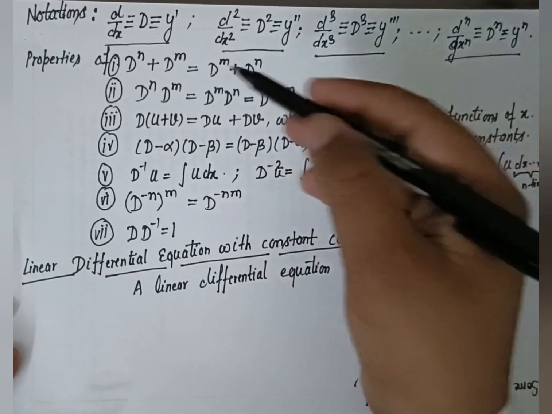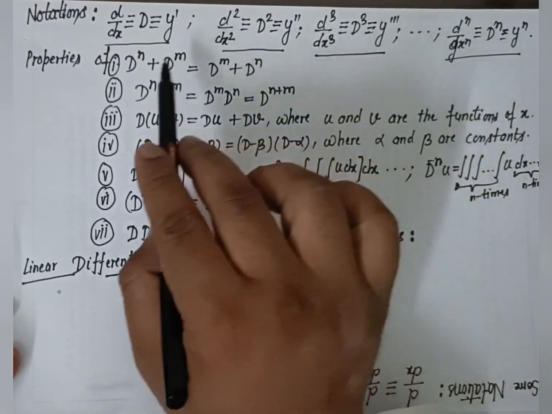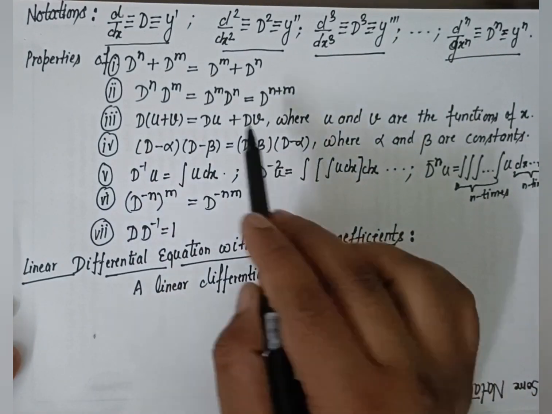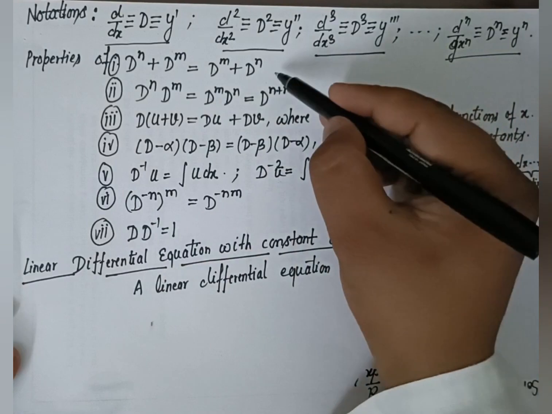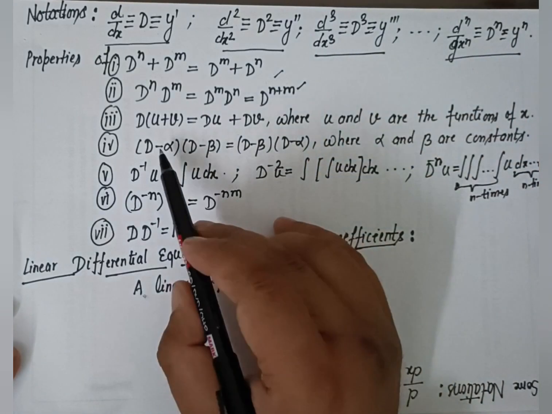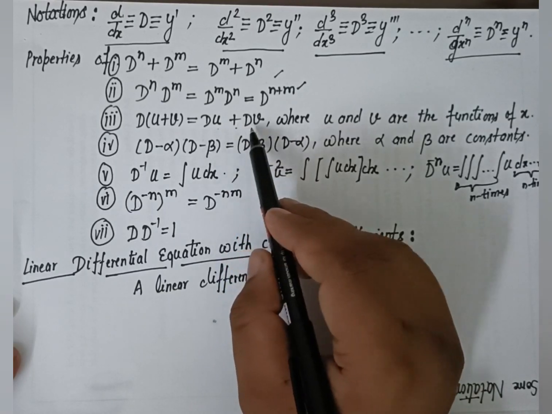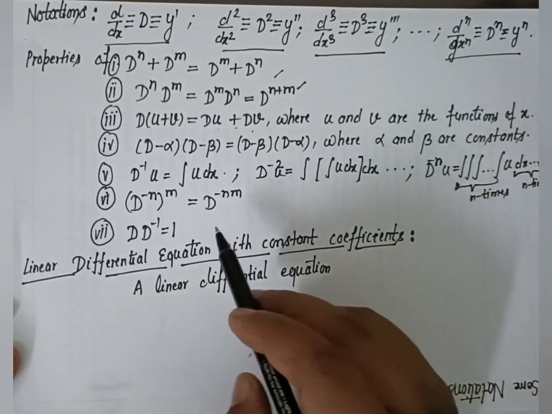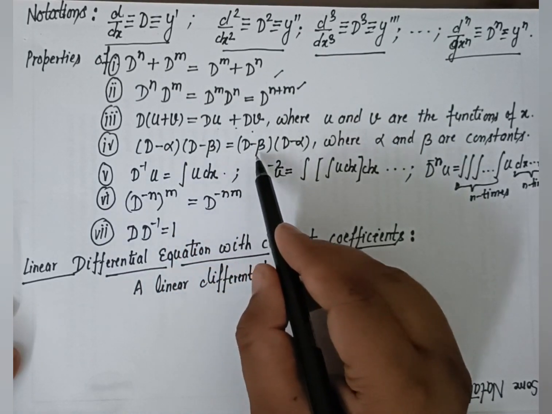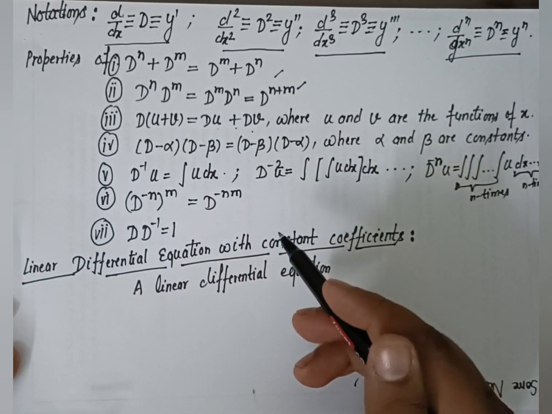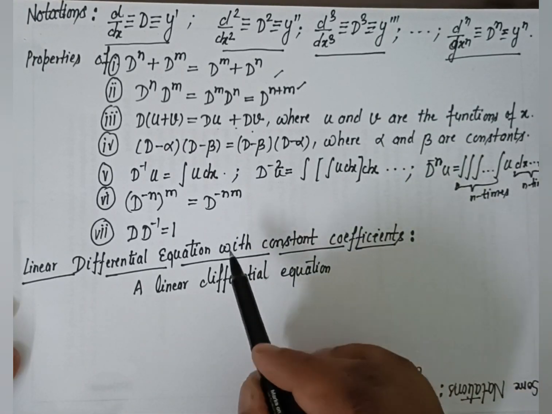And we have some properties of the derivatives also. D to the power n and D to the power m can be associative, can commute, okay. So similarly we have these properties, okay. D of u plus v can be distributed as Du plus Dv, where u and v are functions of x, okay. And D minus alpha, D minus beta can be interchanged with D minus beta and D minus alpha, where alpha and beta are constants.